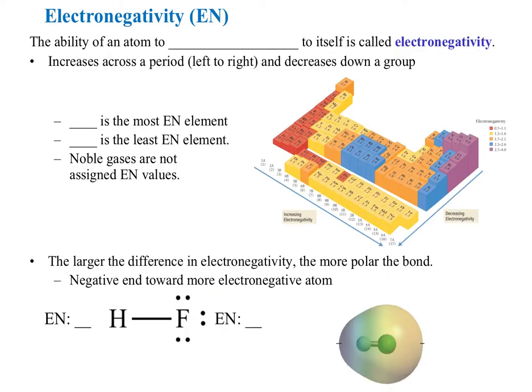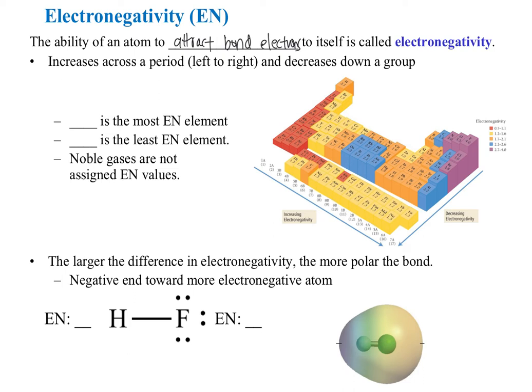We call that wanting to take the electron electronegativity. It's the ability of an atom to attract bonding electrons to itself. Something that has a high electronegativity, like these elements over here, is going to be pulling on the electrons really hard.